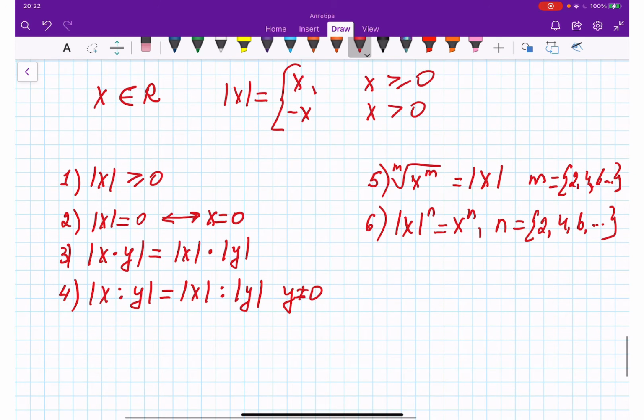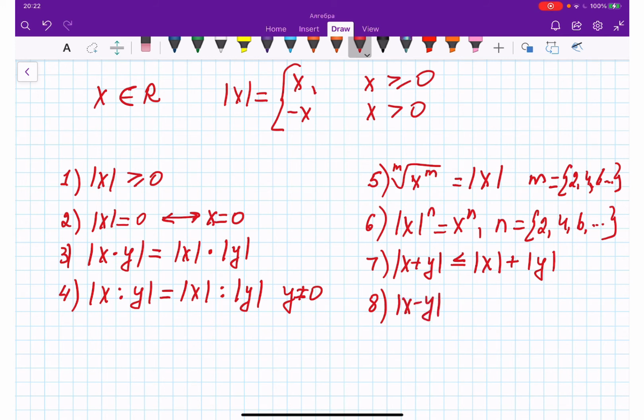Number 7: the absolute value of a sum is less than or equal to the sum of the absolute values. You don't believe me? You can plug in some numbers and you will see for yourself. And number 8: the absolute value of a difference is greater than or equal to the difference of the absolute values. Again, you don't believe me? Plug in some numbers and you will see.